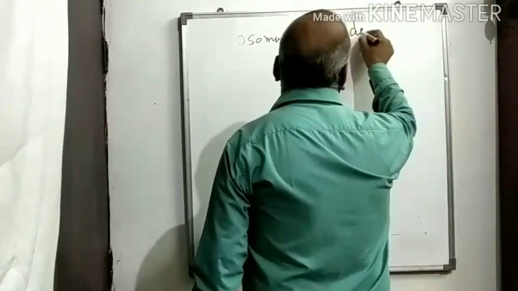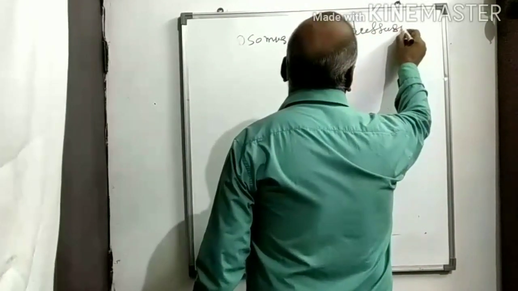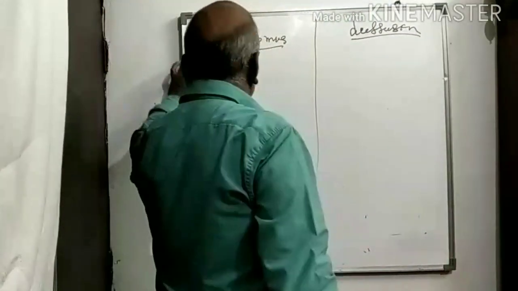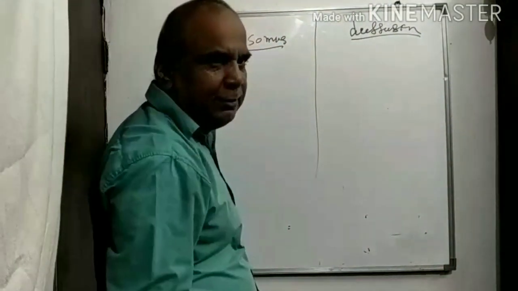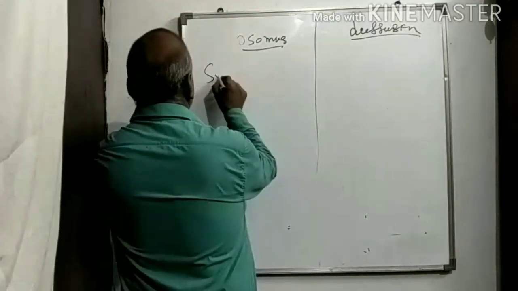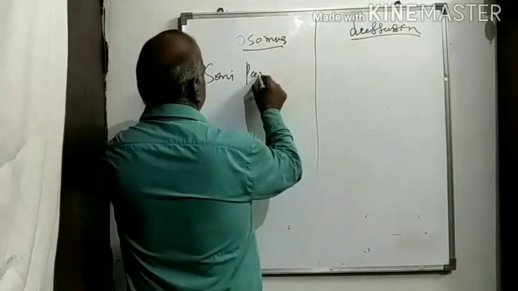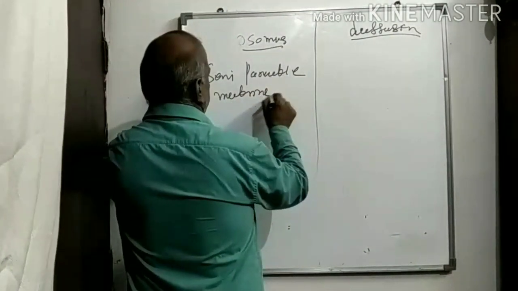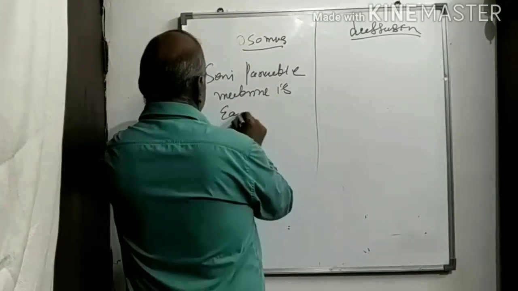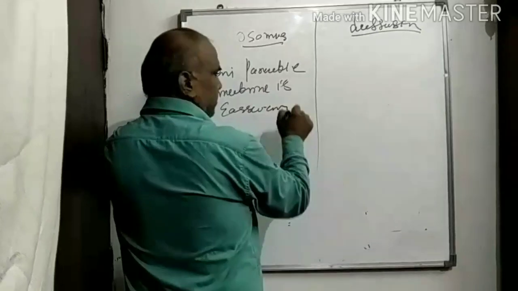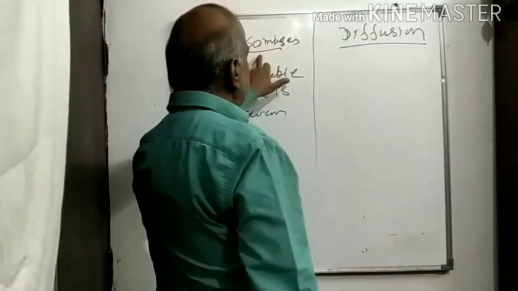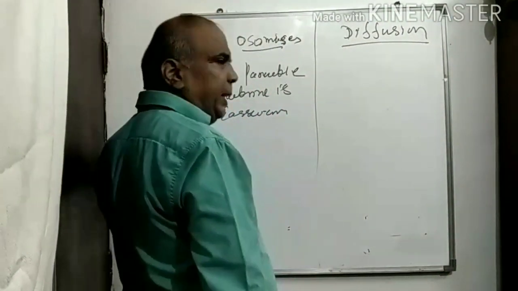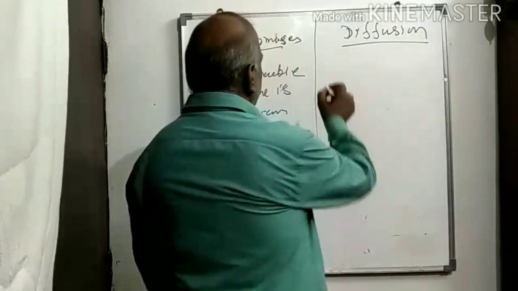Now you can distinguish between osmosis and diffusion. For the osmosis process, a semi-permeable membrane is essential.